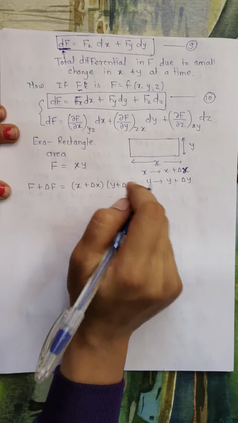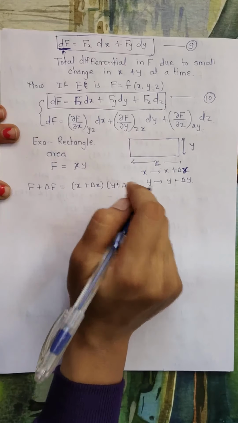So here we will get delta x into delta y and minus, instead of f I will put x into y. So these two quantities will get cancelled and the remaining quantities are these three terms, that is delta f will be equal to y delta x plus x delta y and delta x delta y.